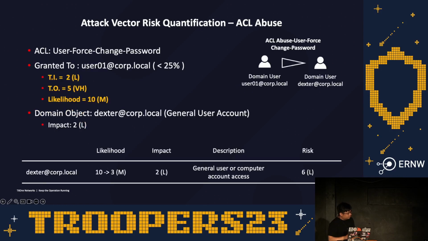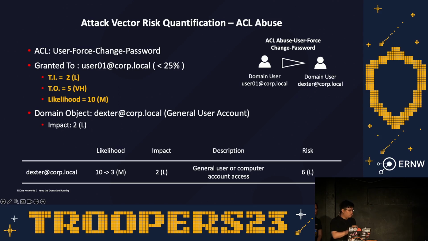Here, we find one user, user01, a domain user, who has the ACL abuse primitive User-Force-Change-Password to Dexter. So we find at least one user, which is less than 25% of this domain environment, so threat initiation will be 2.